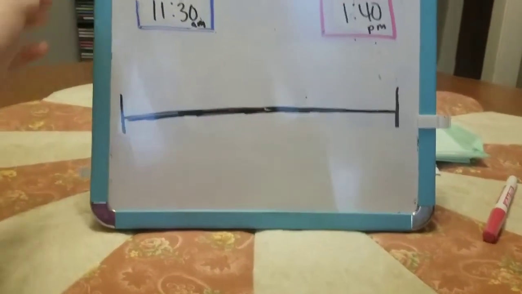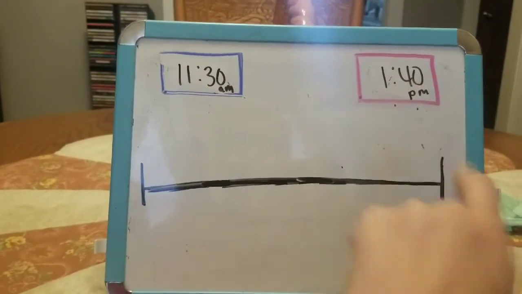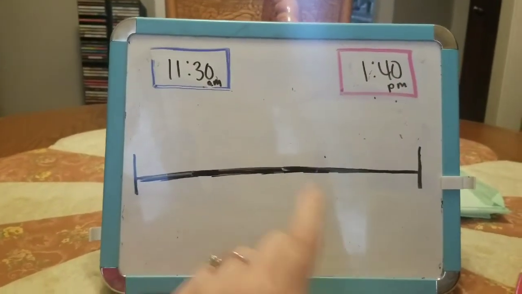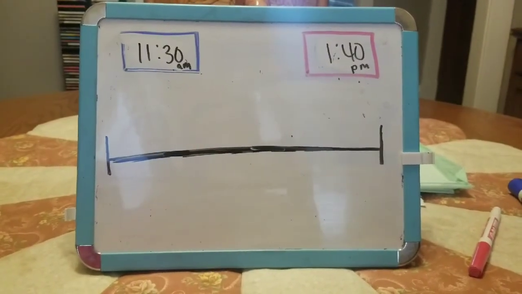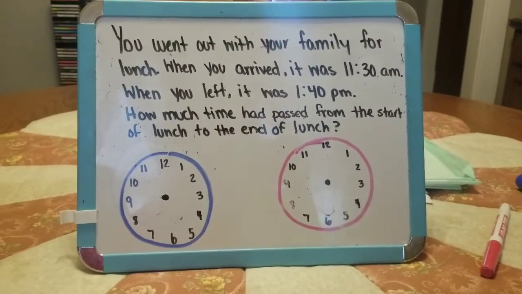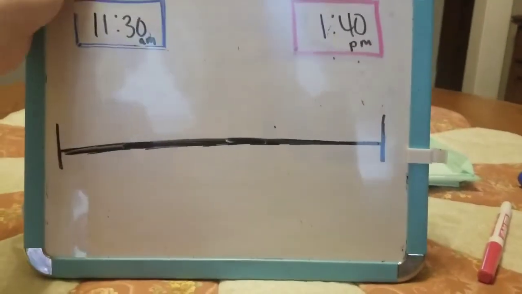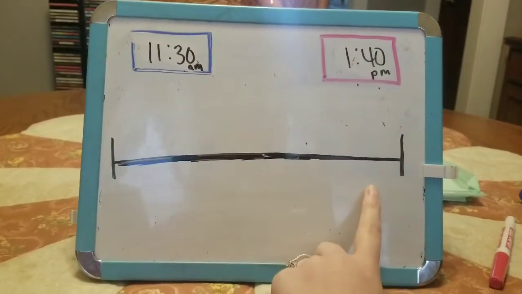And then to figure out how much time had passed between 11:30 a.m. to 1:40 p.m., I want to see if you guys can do a number line like I just showed you earlier in the video. So remember two things. You need to display your times on an analog clock. You need to show me how you figured out your elapsed time on a number line.